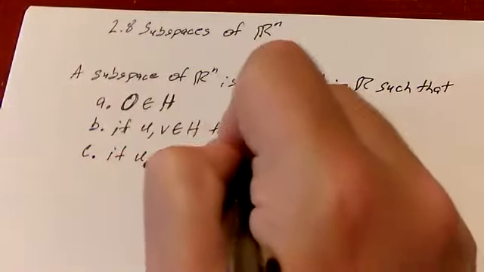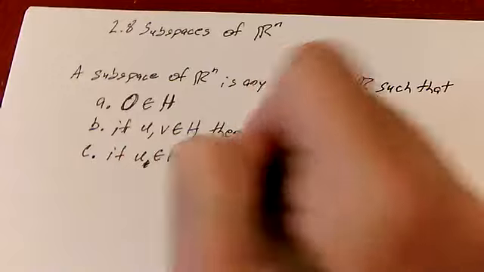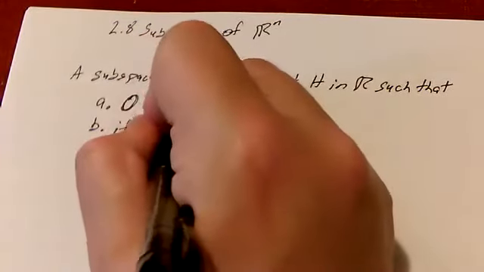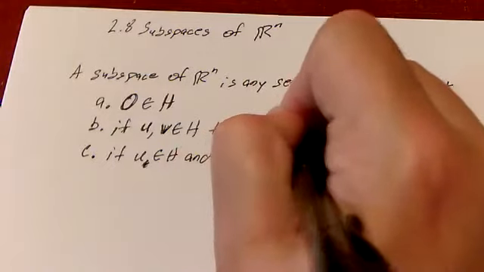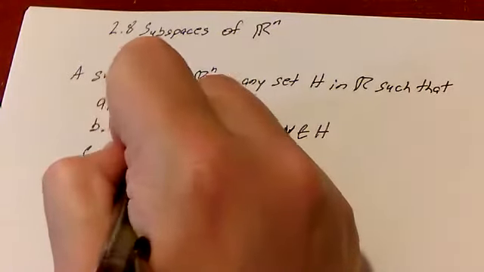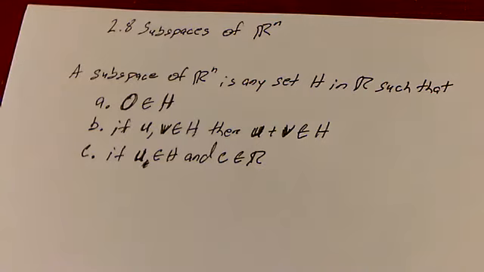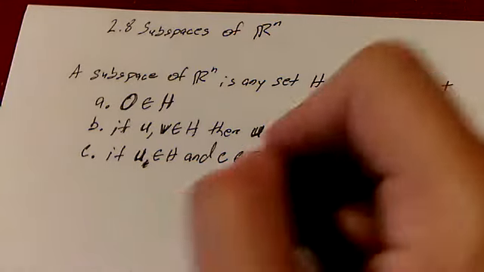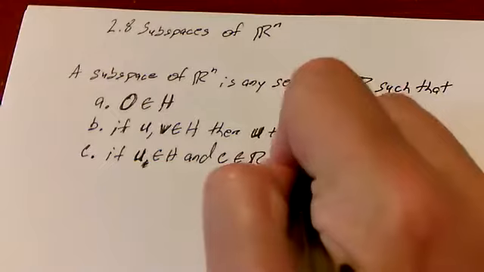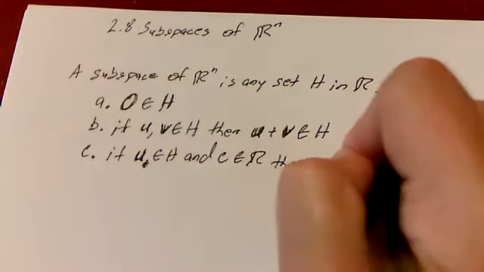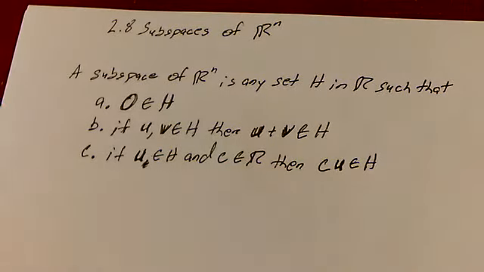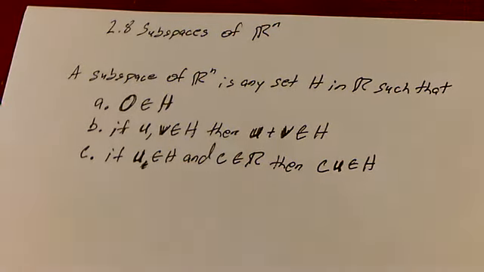and C is a scalar, okay, so remember our U's and V's here are vectors. Okay, I know it's hard for me to emphasize the bold vector look there, but these are vectors. So U is in H, C is a real number, a scalar, then any CU, so scalar multiplication, is also in H. Okay, so those are our three conditions for a subspace.